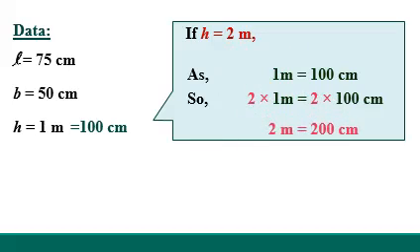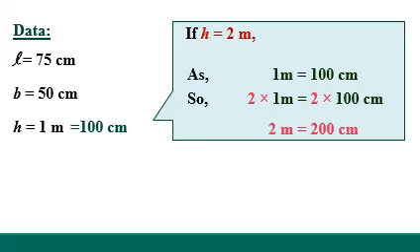So in this way we can convert any other measurement rather than 1 meters into centimeters, because 1 meters is equals to 100 centimeters is the fact. Therefore we have converted it directly in our question.